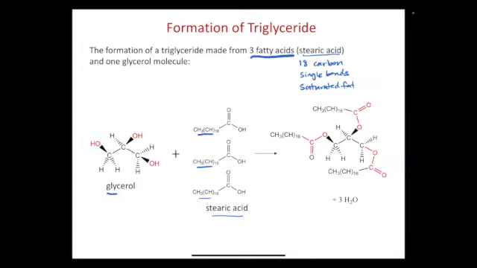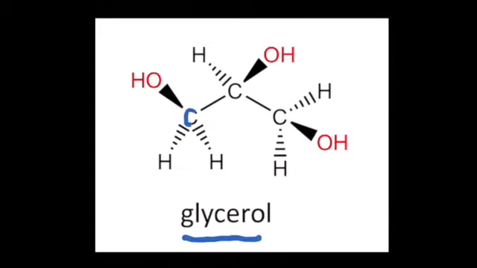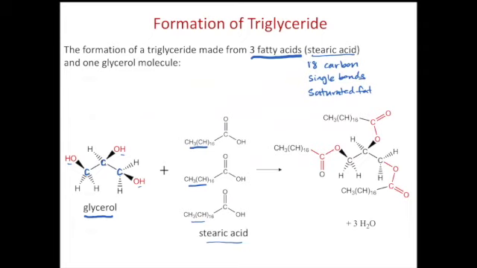So here's the glycerol, and the glycerol has the three carbons, 1, 2, 3, and three hydroxides. So the three hydroxides are in red. And what happens is the glycerol molecule loses a hydrogen atom when the bond is formed, and each stearic acid, each fatty acid, loses a hydroxide when the bond forms.